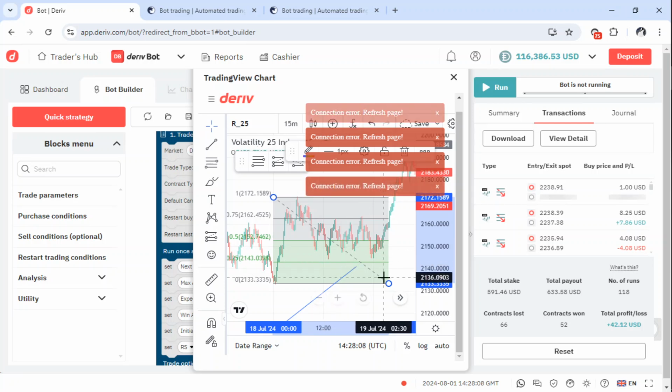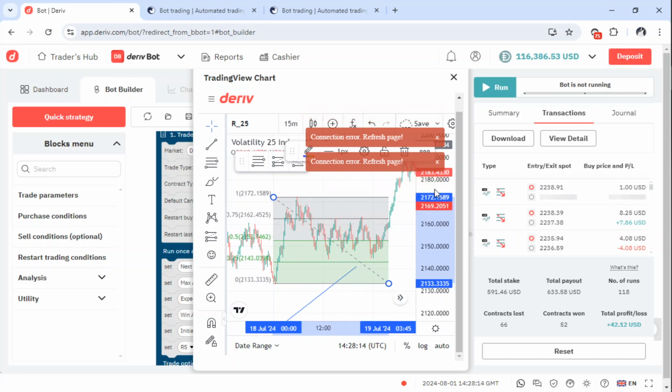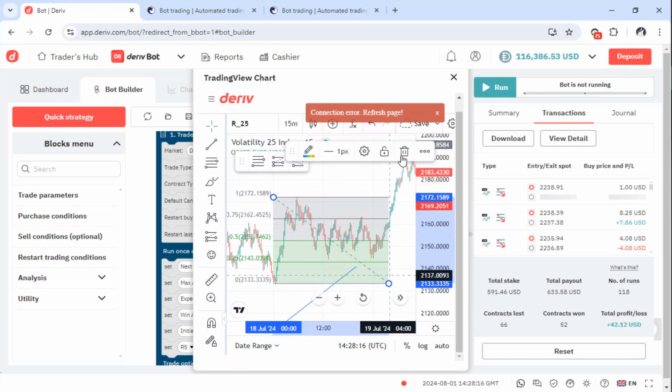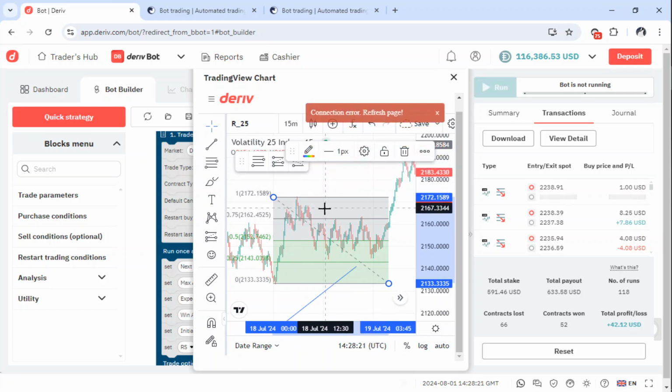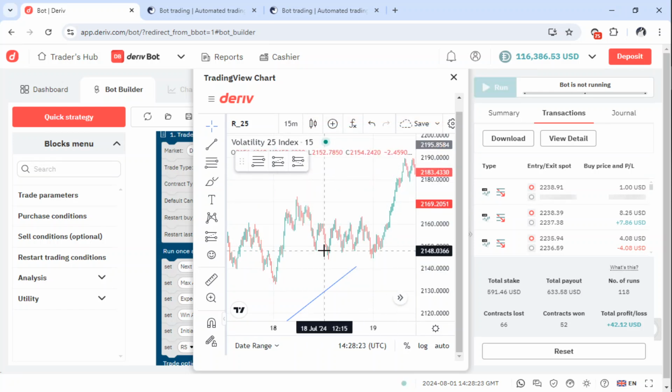Network issues. So my network is misbehaving. So there's another break of structure here, internal break of structure. I would have gotten another buy opportunity. There's another buy opportunity here for us for an intraday.